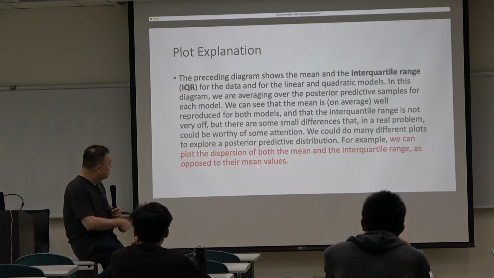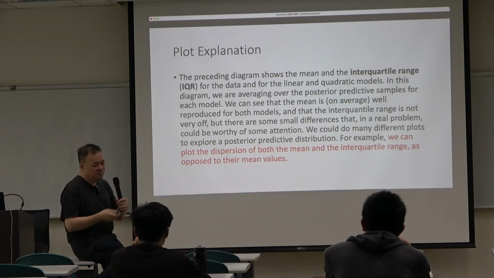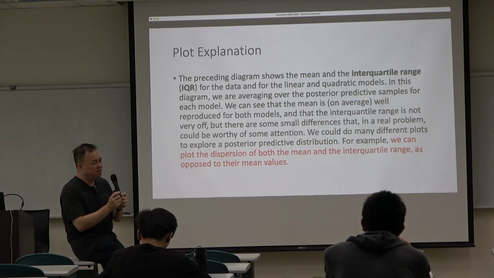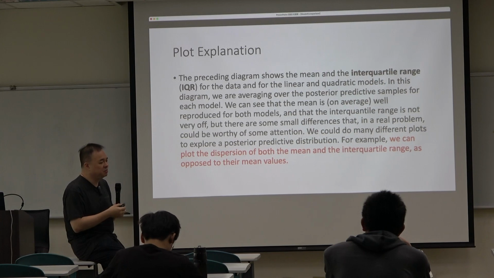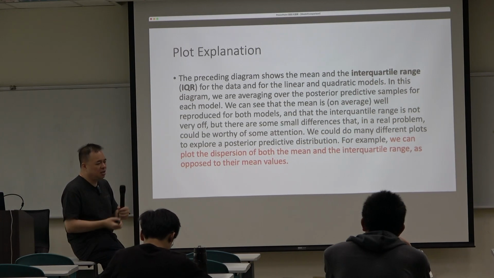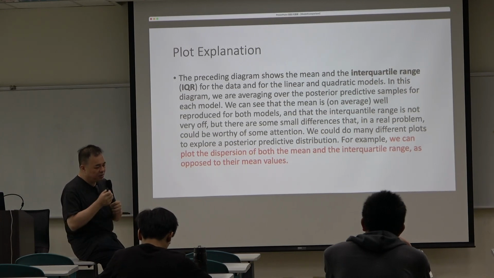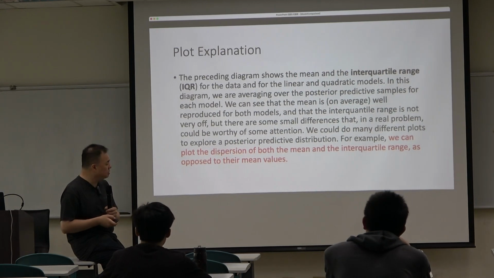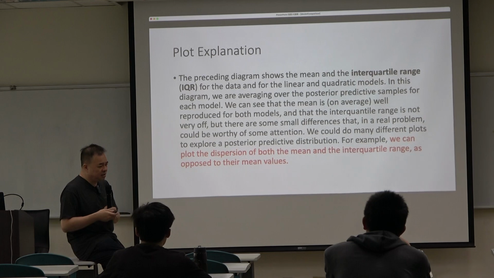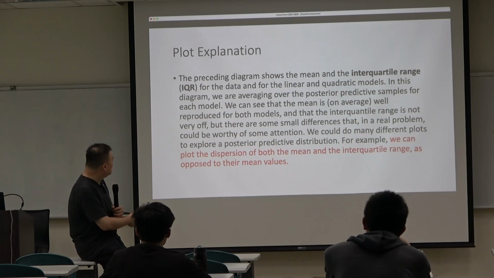For a model we can do that because the model represents a certain distribution. It's a posterior distribution, but the most important thing is we can obtain samples from this distribution.